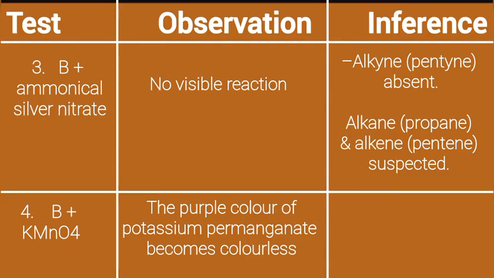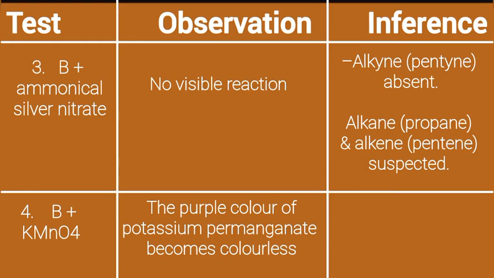So why are we going for pentene, which is an alkene? Because I am assuming now that there is a color change: the purple color of potassium permanganate becomes colorless. So if that is the case, it means that B in this case would be an alkene, because alkene would usually decolorize potassium permanganate.